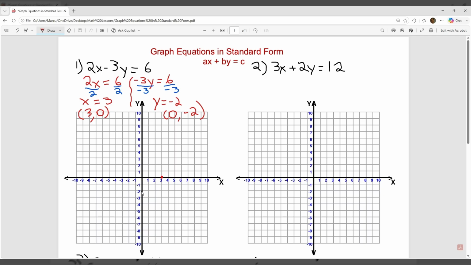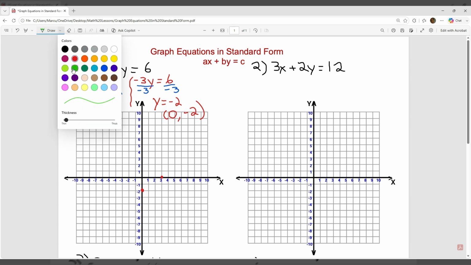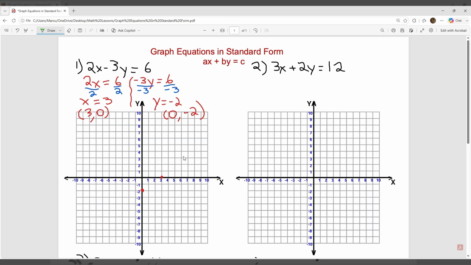So 0, negative 2 is right here. So again, the first one is side to side, and your second point is up and down. So once you have those 2 points, you can go ahead and connect them and make your graph. So it will look like this.